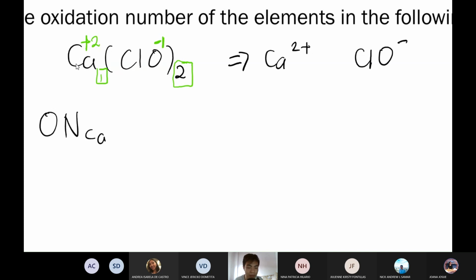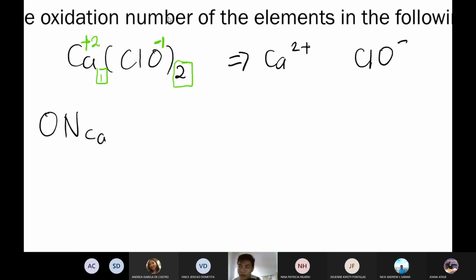That's why I want you to separate them into ions, so it's easier to see their individual charges. Setting everything equal to 0 is still applicable. But if two atoms are missing, for example calcium and nitrogen, you can't solve it right away. So I want you to split the molecule into ions.